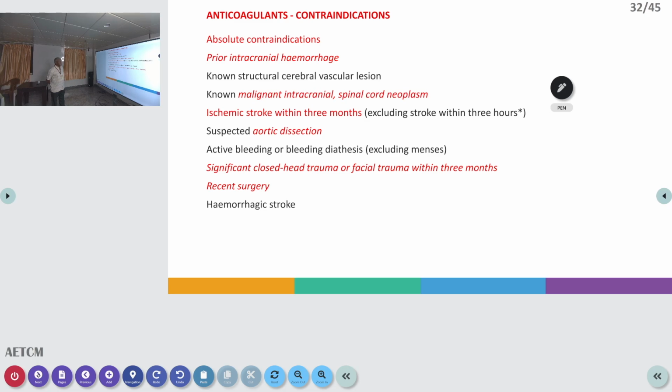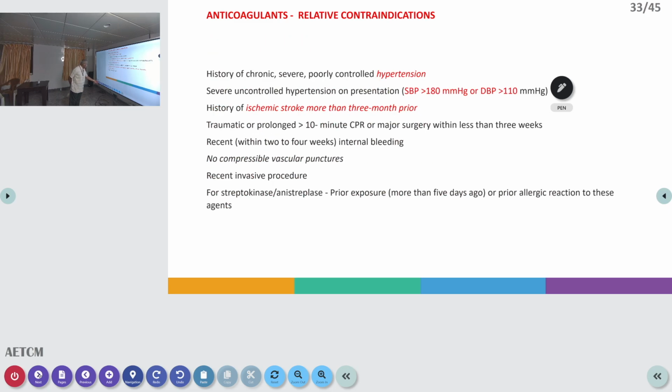The contraindications for the anticoagulants are many. Absolute contraindications: prior intracranial hemorrhage, malignant intracranial spinal cord neoplasm and other things. Significant closed head trauma or facial trauma within 3 months, hemorrhagic stroke. These are some of the contraindications to enumerate. Relative contraindications are also many.